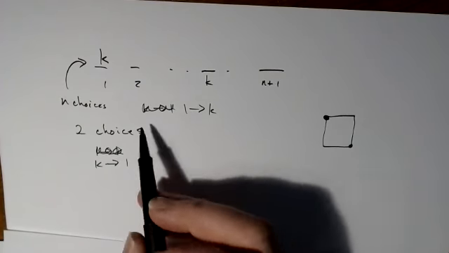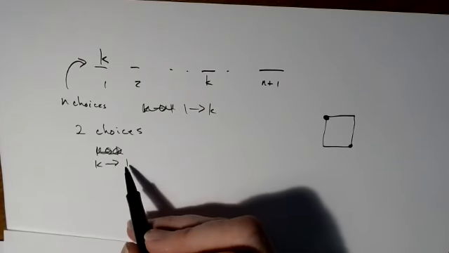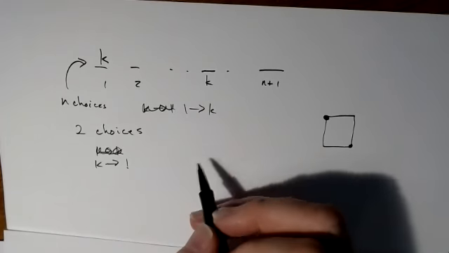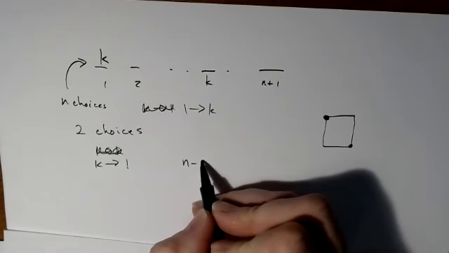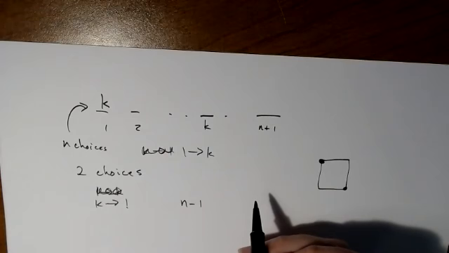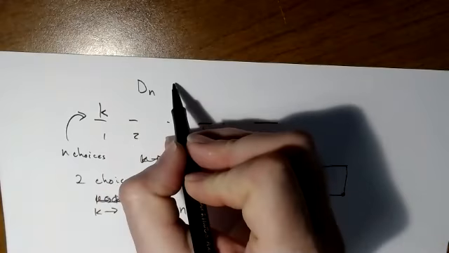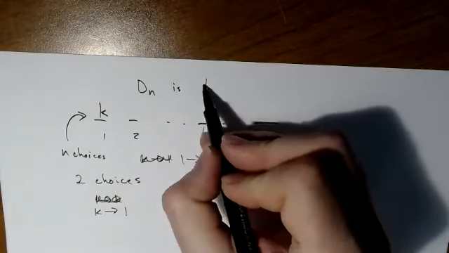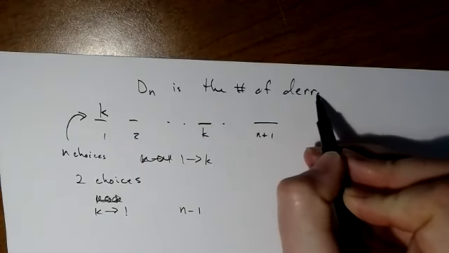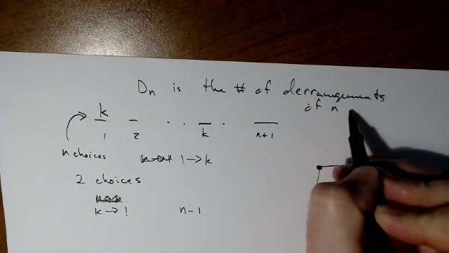So if we put the k into 1, and then we put the 1 into the k, then I just have n minus 1 things left. Sorry, I needed to define, we're going to say dn is the number of derangements of n items.